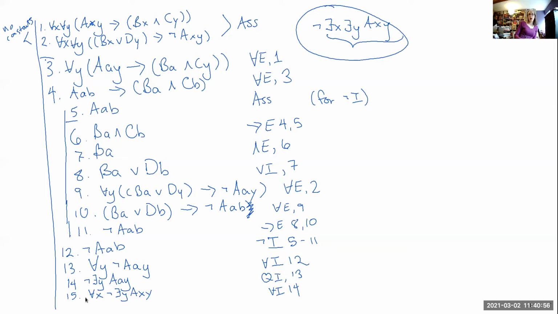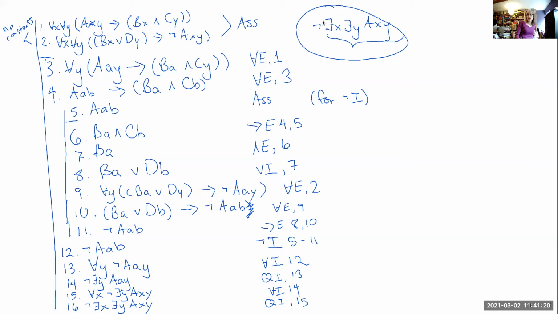And now I can do the quantifier interchange one more time to get not exists X, exists Y, AXY, quantifier interchange, line 15, and would you look at that, I managed to get the proof to fit on a single sheet of whiteboard.